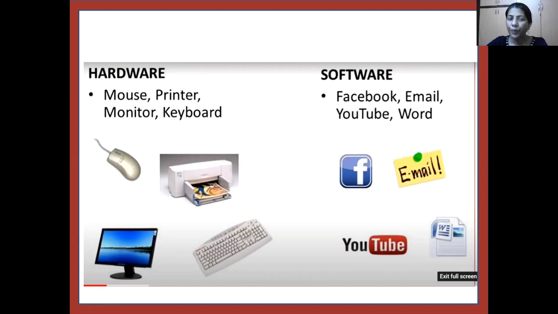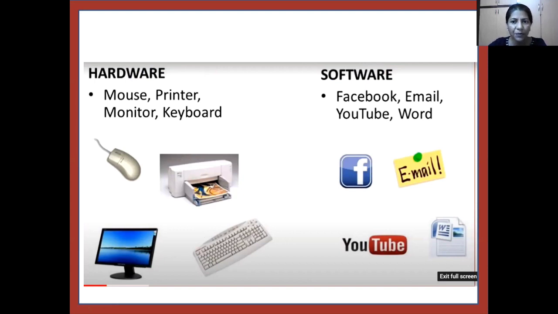Fine. Now, apart from this, if we talk about the programs that we use in the computer, like we play games, we use Gmail, we use YouTube, we draw something in paint. So what these programs are? Can we touch these programs?